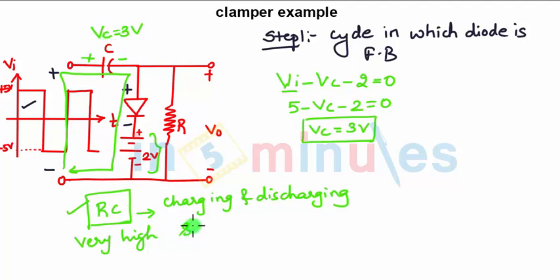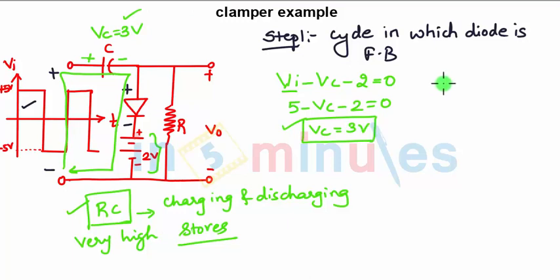So it stores the charge when the diode is open circuited. That is the basic fundamental of the clamper circuit. When the diode is open circuited, it will hold on to the charge rather than discharging, which is the basic characteristic of the capacitor: it will get charged and it will get discharged. So because of the very high RC time constant, it stores the value when the diode is open circuit. Hence the charge on the capacitor is 3 volts in the positive half cycle.